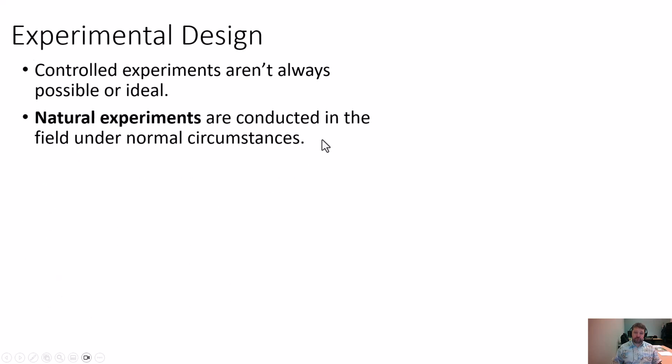So natural experiments are normally conducted under normal circumstances, and we just deal with the fact that you could be out collecting data and it could be raining on you, and then the next time you come out and collect data, it could be snowing, and the next time you come out and collect the data, it could be 40-mile-per-hour winds.